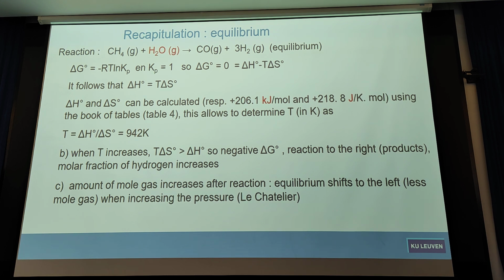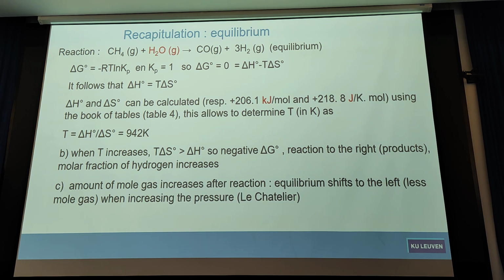But if you go from 2 mole gas to 4 mole gas, of course we can already suspect that we will have a large entropy increase. And indeed, it's also positive by 218.8 joule per Kelvin per mole.